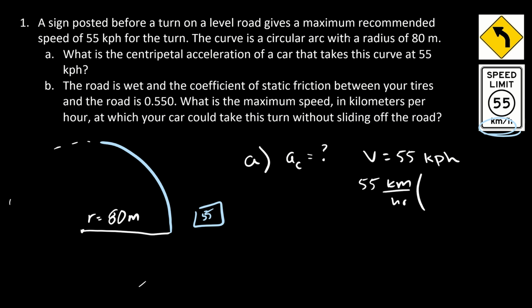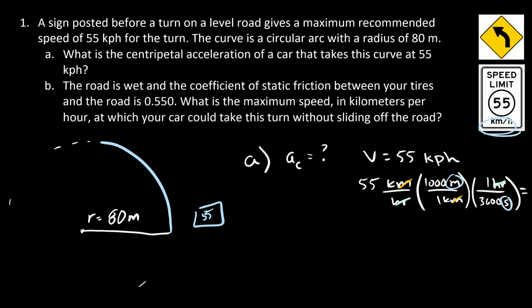Well, there's 1,000 meters in a kilometer. And then we need to get seconds in our denominator, so there's 3,600 seconds in 1 hour. That will successfully cancel out our units. So our hours cancel out, our kilometers cancel out, and we are left in meters per second, which is what we were trying to get to.